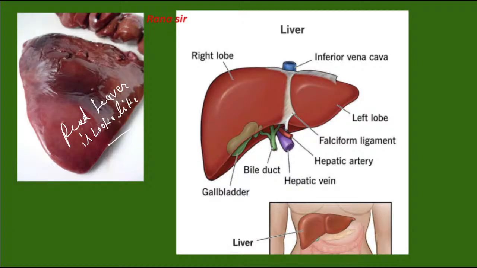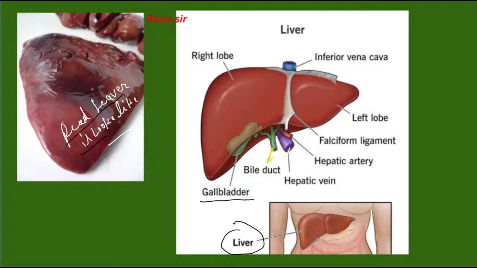Next is the liver's right lobe, and the upper pipe is the inferior vena cava, and down is the left lobe, and the falciform ligament and the hepatic artery and vein. This one is a bile duct and gallbladder, and this is the liver. This figure is a liver, and the real liver is this one.